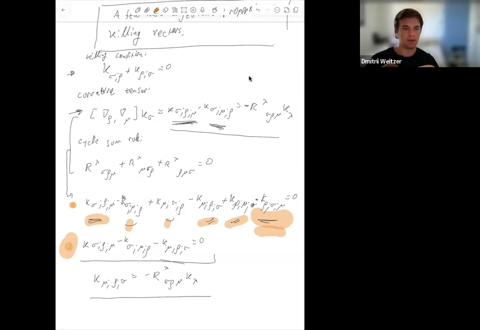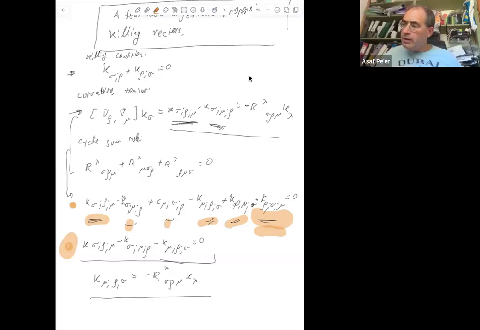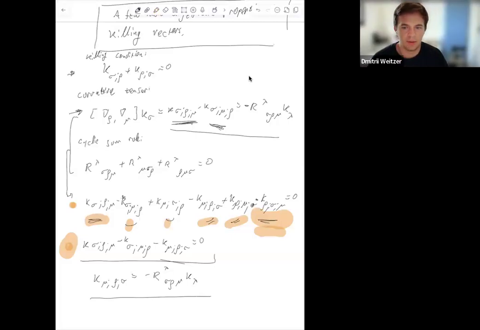So from this line, we begin to use that we are working not with arbitrary vectors, but with Killing vectors, right?